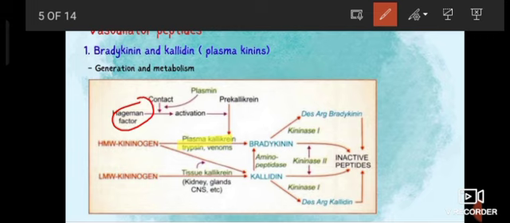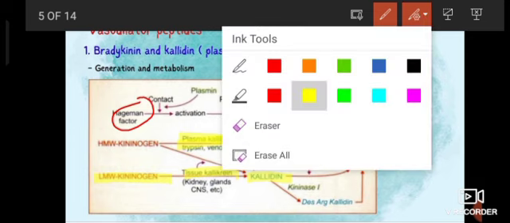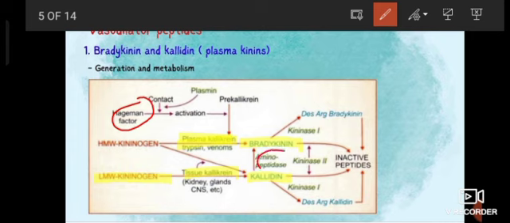High molecular weight kininogen is activated into bradykinin in the presence of plasma kallikrein, and low molecular weight kininogen is activated into kallidin in the presence of tissue kallikrein. Kallidin is also converted into bradykinin by the action of aminopeptidase.